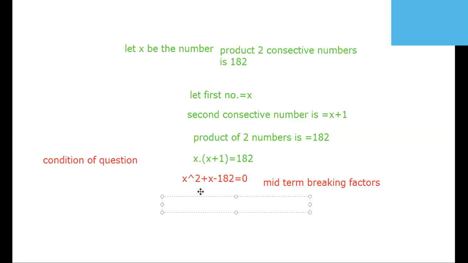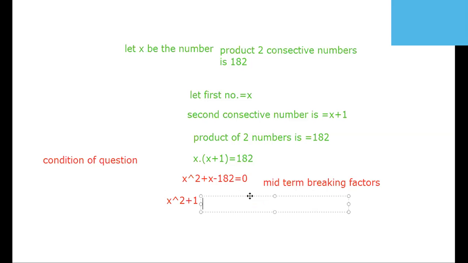As I have just heard, someone is saying, you can see that because the sum should be 1x, or 1, in the middle. So what I have to do is write it in the same way: x raised to power 2 plus 15x, I think 15x minus 14x and minus 182 equals 0. So this will give you 14 and 13.